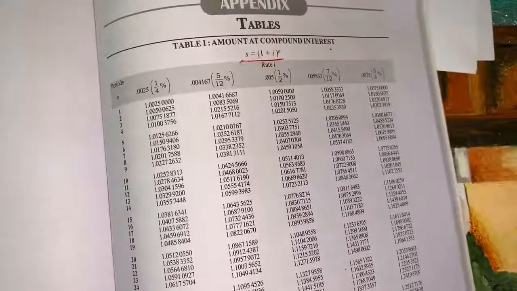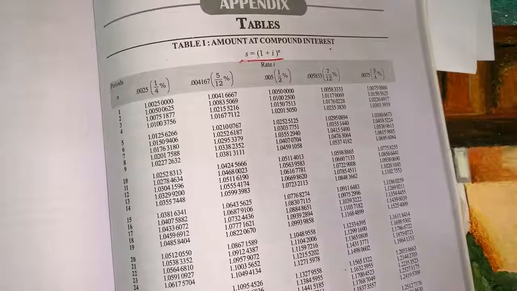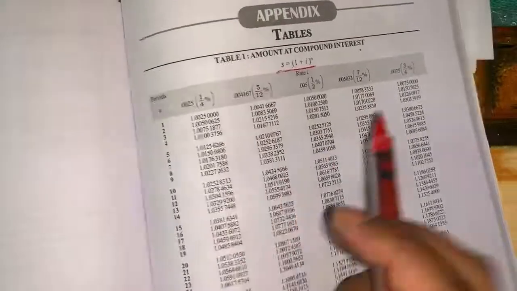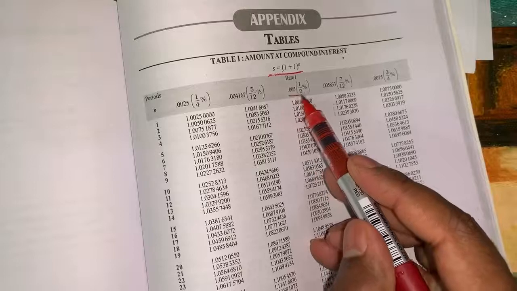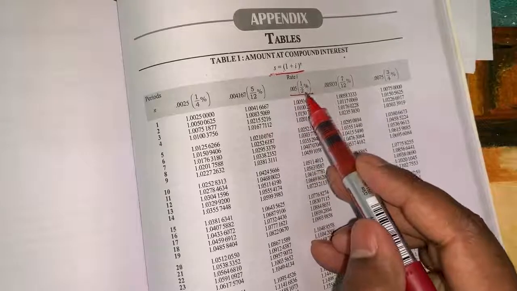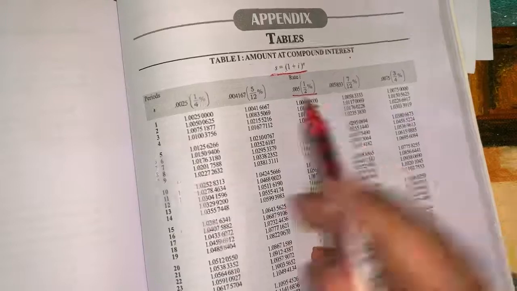So let's find the value for 1.005 in the table. Let's search for 0.005 in the table. This is 0.005, which is 0.5%. Now what is my n here?